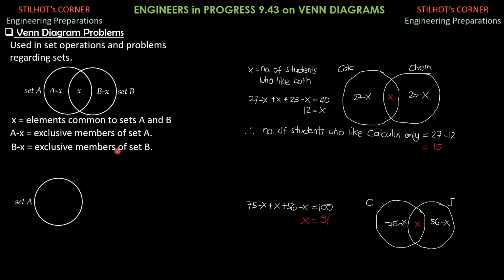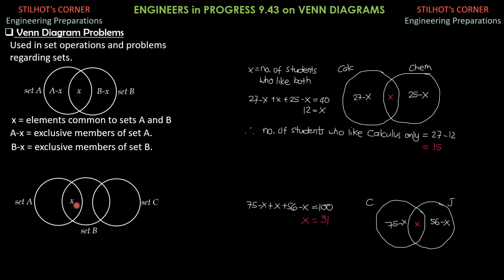So that's it for that case. For another case, let's say we have set A, set B, and set C. In this case, since sets A and C are not overlapping, that means they have no elements in common.